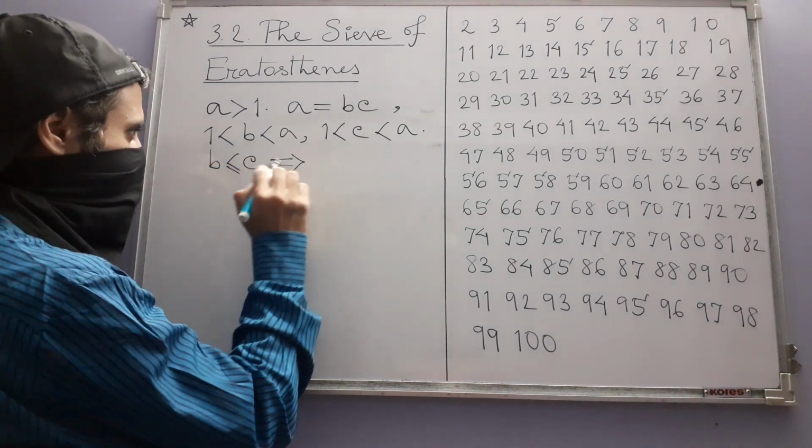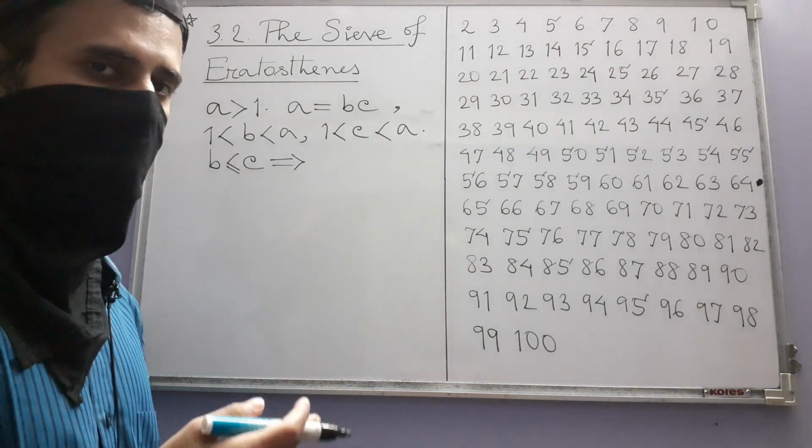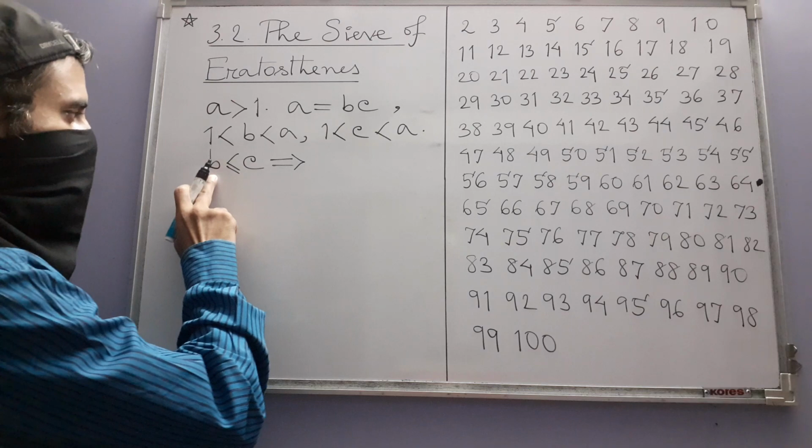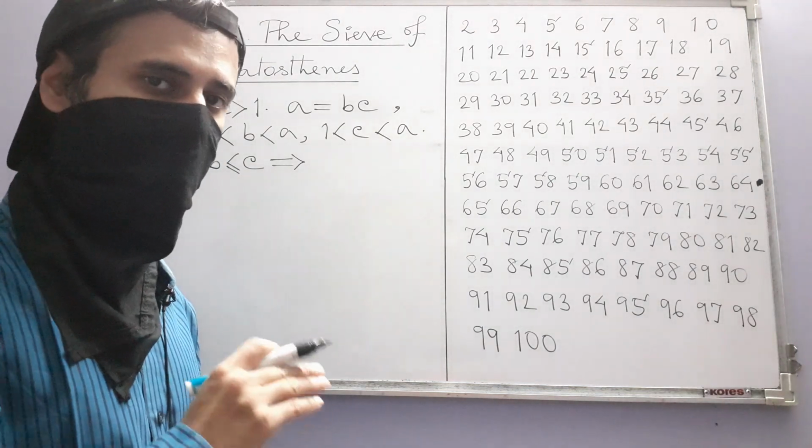Now we can multiply on both sides of this inequality by B, and we can do so because B is positive. Had B been negative, then also you can multiply on both sides, but the inequality would get reversed.